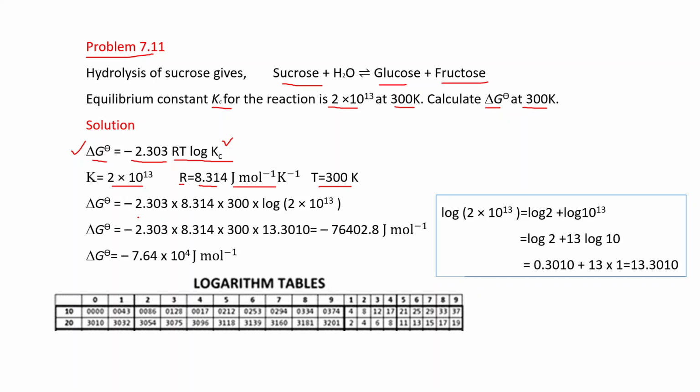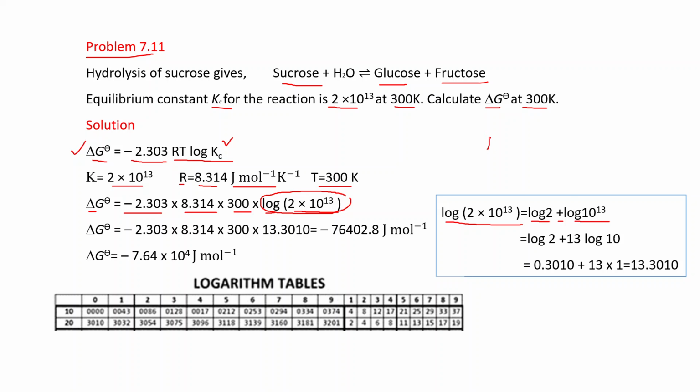Put the values. Delta G standard is equal to minus 2.303 into 8.314 into 300 into log of 2 into 10 to the power 13. Clear? Now first we will solve log of 2 into 10 to the power 13. This can be written as log 2 plus log 10 to the power 13.